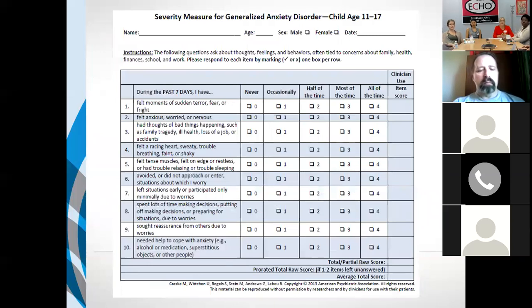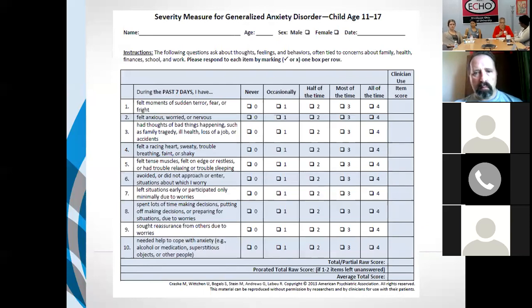The other thing that can be useful for monitoring severity and treatment response is this assessment tool, which is actually on the DSM-5 website. It's one of the emerging measures assessments. I actually use the GAD-7 more, but I think this could be really useful. I use the DSM-5 cross-cutting measure assessment for my initial evaluation.